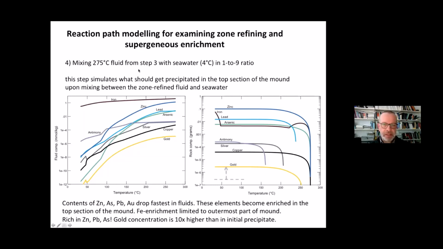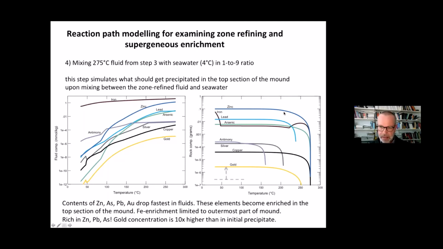So we keep mixing this fluid from the previous step with seawater, which is what you would expect to happen at the top of the mound. And then we look at how that will affect the composition of the top section of the mound. And this is what the model suggests will happen.